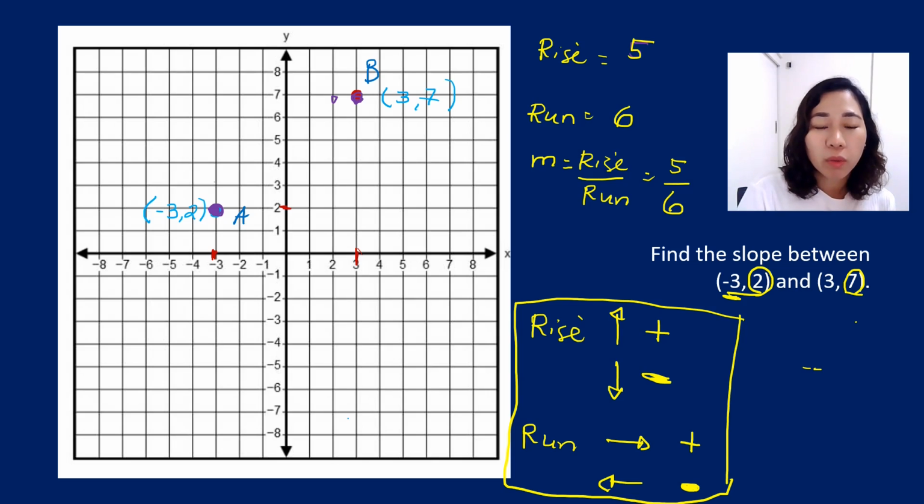When I go down, that's a rise, but since I'm going down, the rise would be negative.